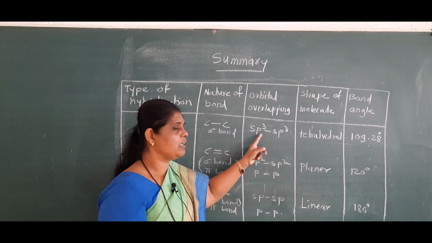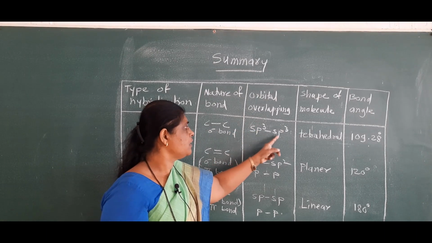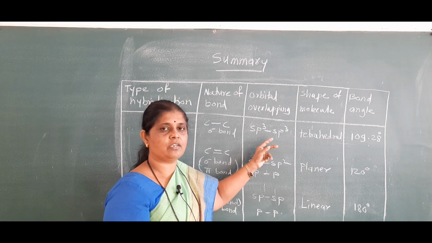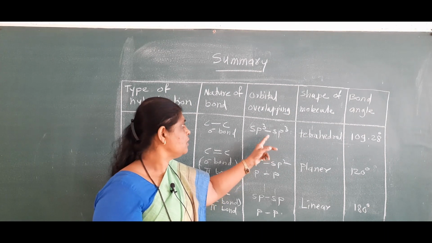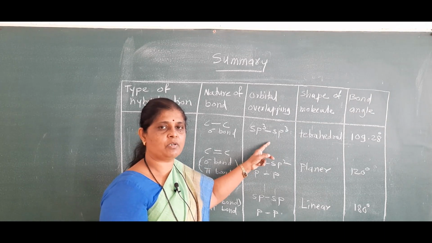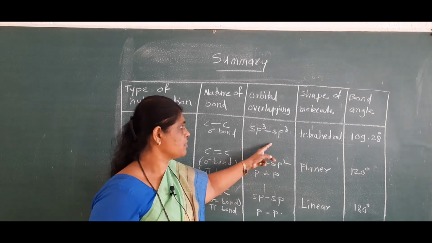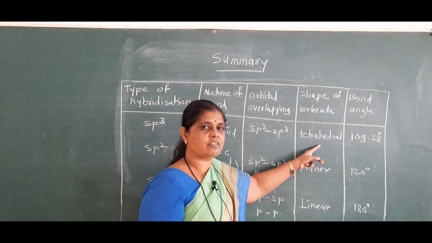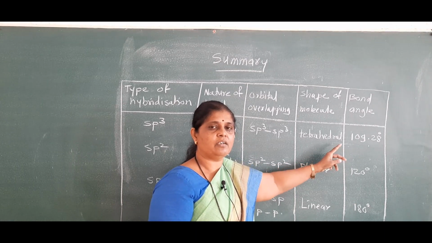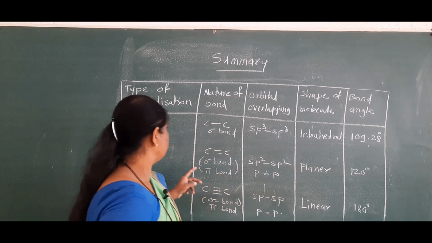The orbital overlapping is of sp3 hybrid orbitals of 2 carbon atoms. That is, when sigma bond is formed, there is axial overlapping of sp3 hybrid orbitals of 2 carbon atoms. The shape of the molecule is tetrahedral and the bond angle is 109.28 degree.